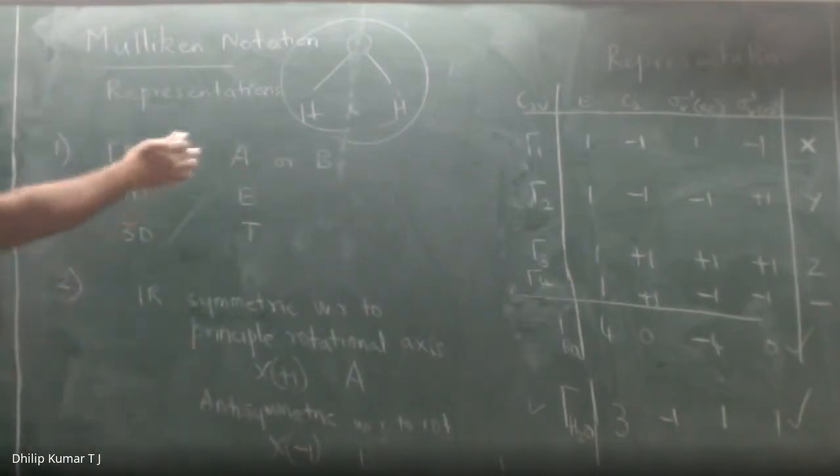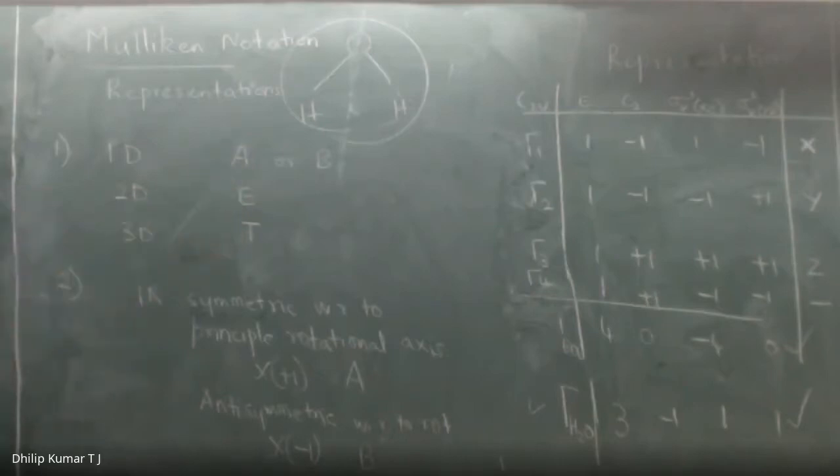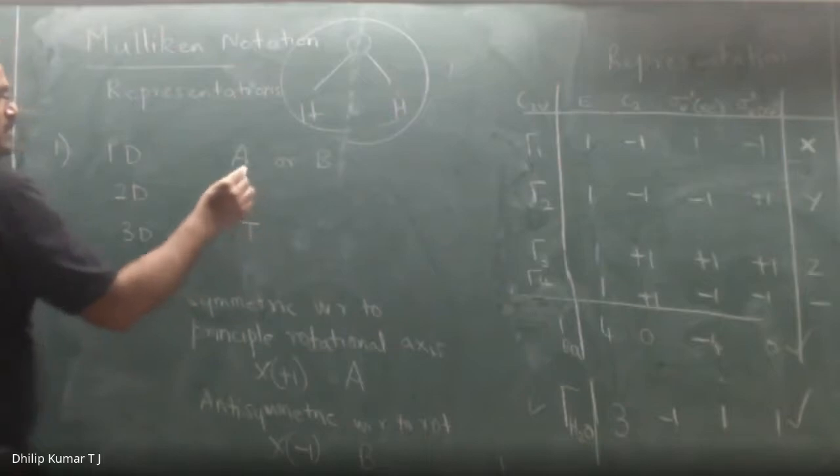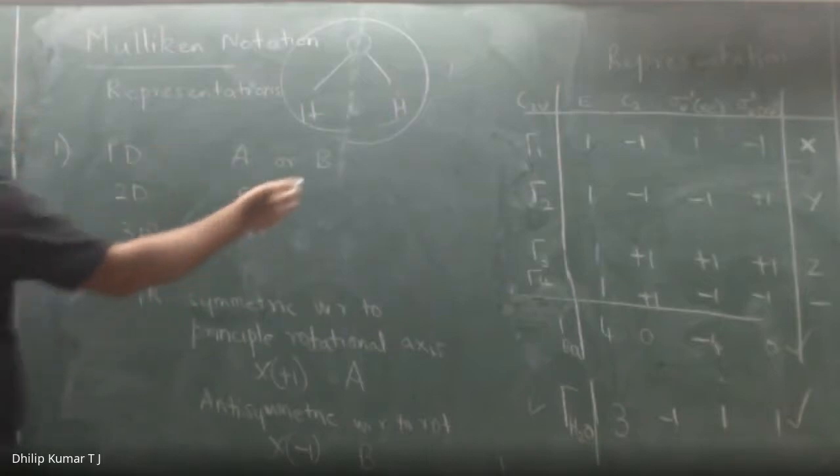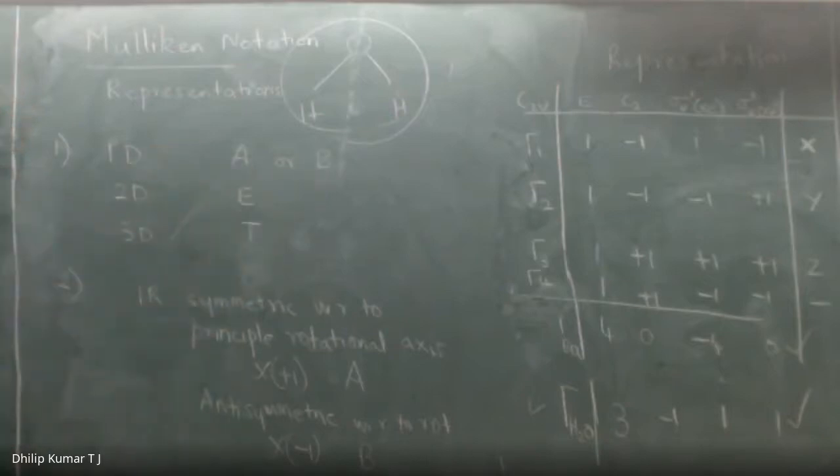You have 3 types: A or B, E, and T. If it is symmetric with respect to principal rotation, it is A. Antisymmetric with respect to rotation, it is B.